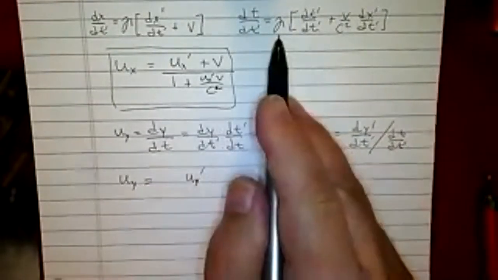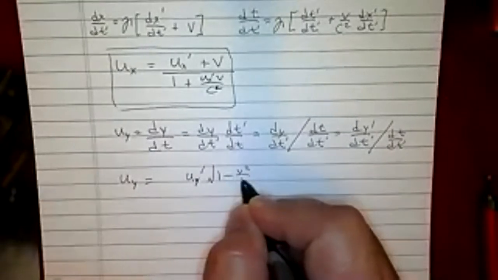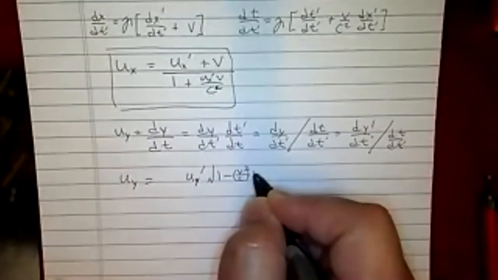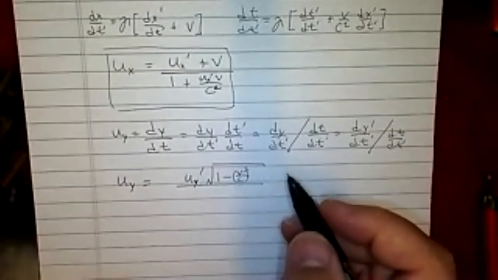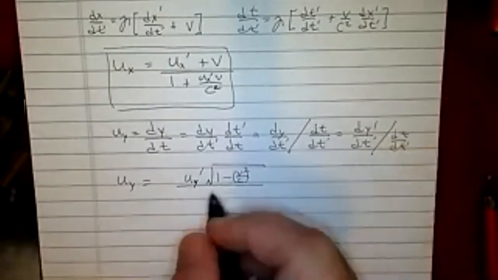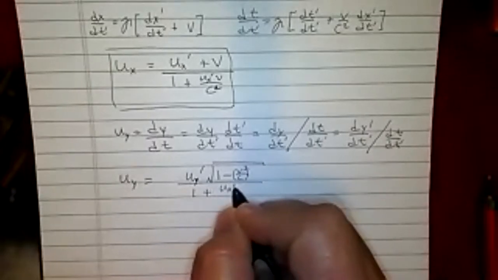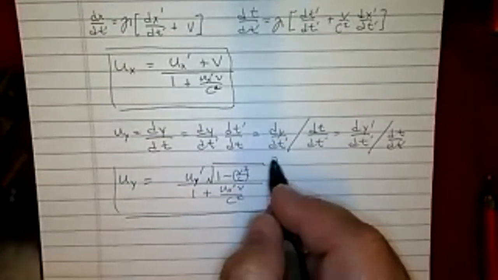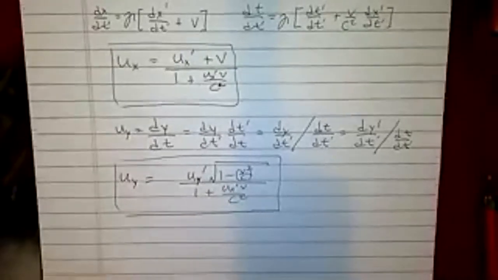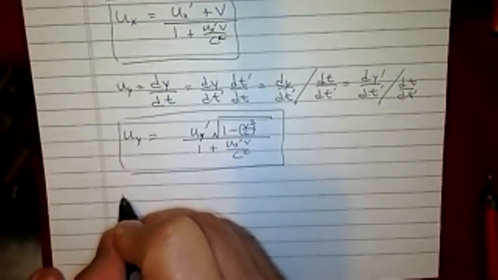The gamma that would be down at the bottom becomes the square root of 1 minus v squared over c squared. And then the other part becomes 1 plus ux prime v over c squared. So that's uy.